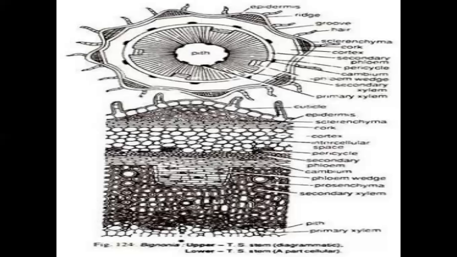Below the pericycle, vascular bundles are arranged in a radial position. The vascular bundles are conjoint, collateral, open, and endarch type.